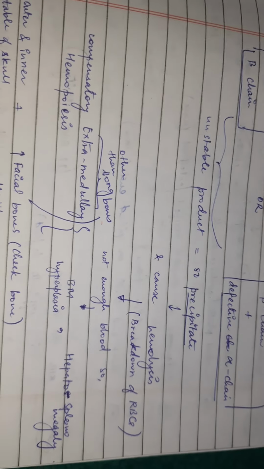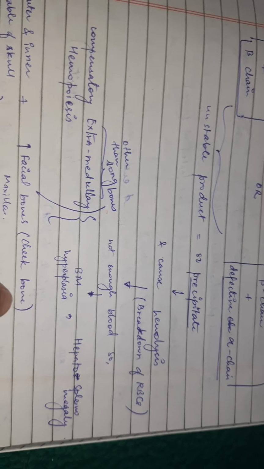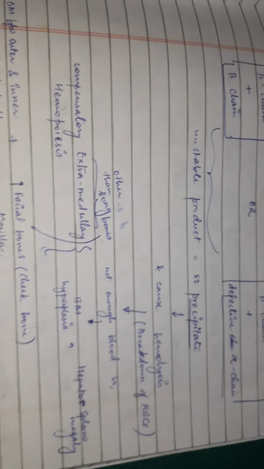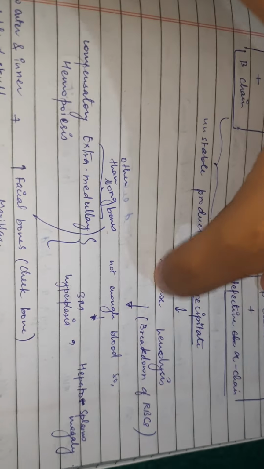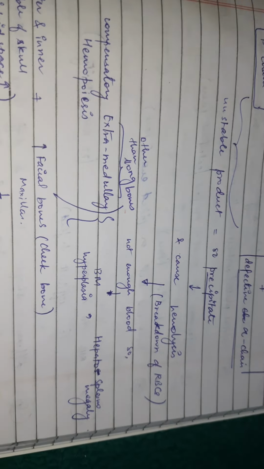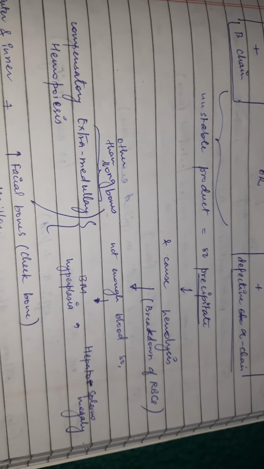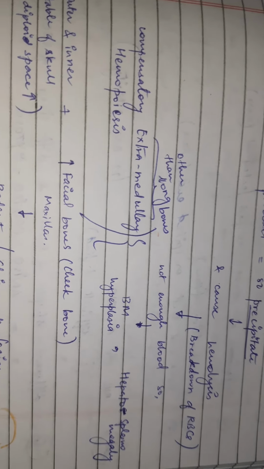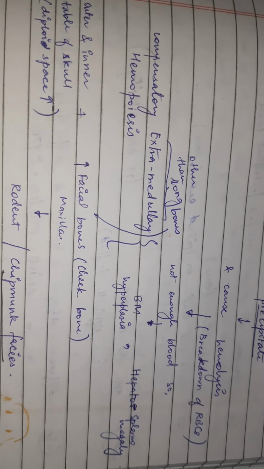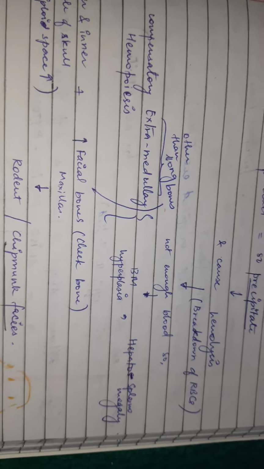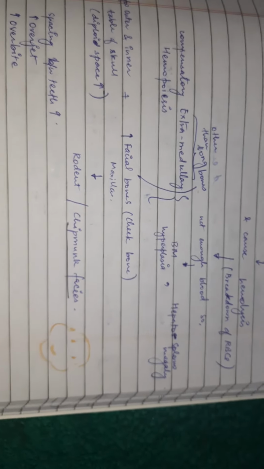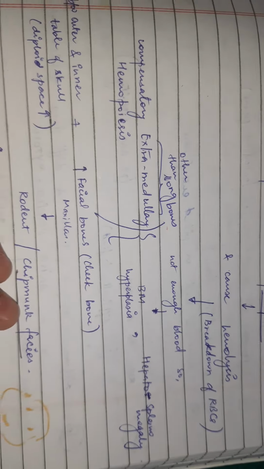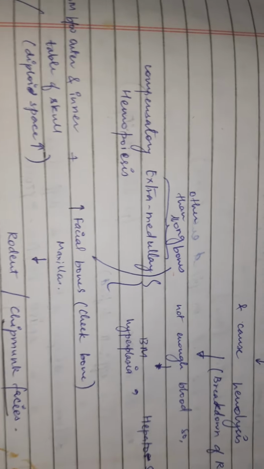So bone marrow hyperplasia or hepatosplenomegaly can occur. If hemolysis, the breakdown of RBCs, occurs, not enough blood will be sufficient for the patient to live. So the bone marrow will get positive feedback, start producing, and become hyperplastic, and hepatosplenomegaly can also occur.